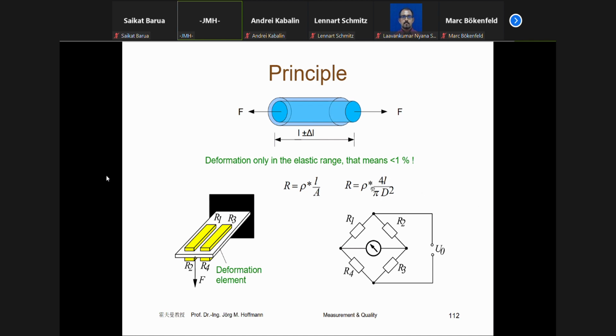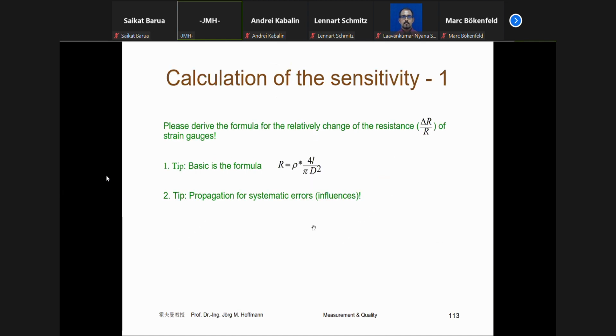That means this pi d to the power of 2 over 4 is the same as the area. And when I now calculate the delta R and divide by R, so that I have the relative change of the resistance, I can use this formula.